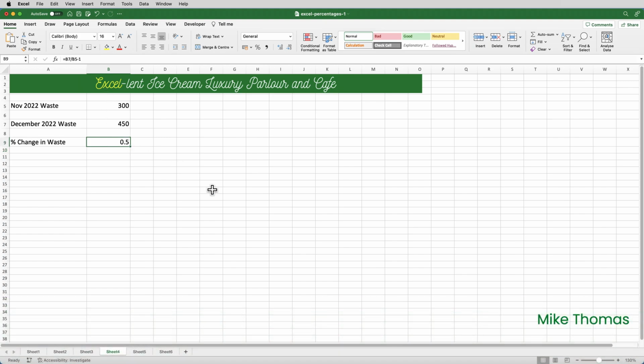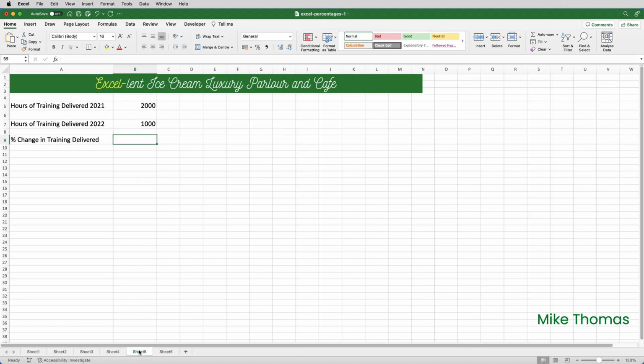Although that looks like it's showing me 0.5% change, it's not showing me 0.5% change. If I want to display that as a percentage, I can simply go up to the percent button on the ribbon, and that will change the way that that number is displayed from a decimal to a percentage. So what we can say is that there was a 50% increase in wastage this month compared to last month.